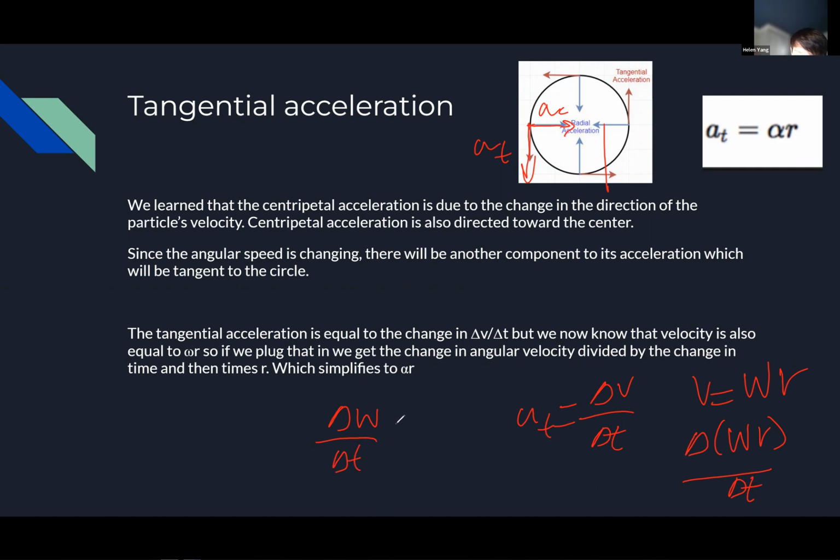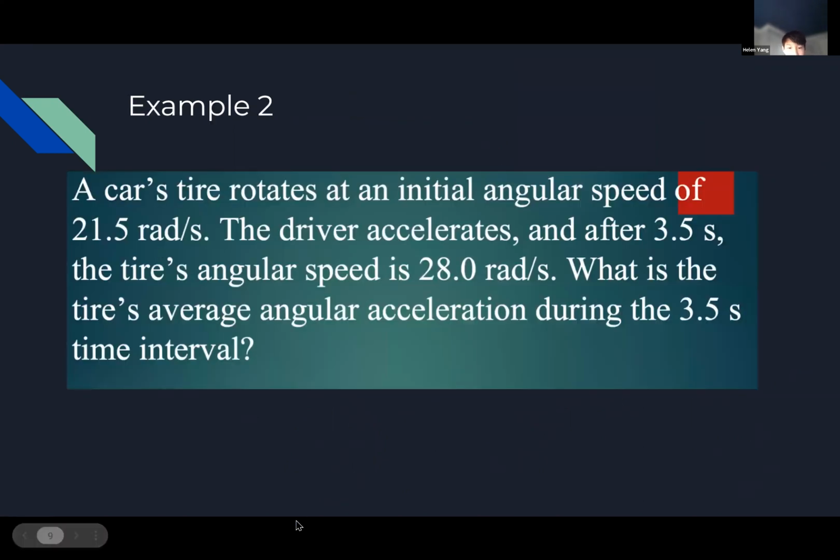And we know this in our previous equation is just the angular acceleration. So we have the tangential acceleration is equal to alpha times r. It's also shown here. Okay, so now you guys can do this example for angular acceleration.